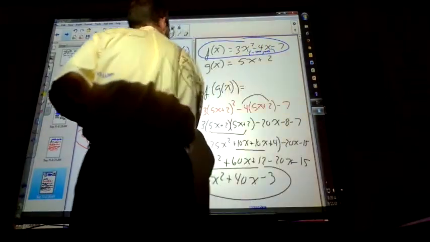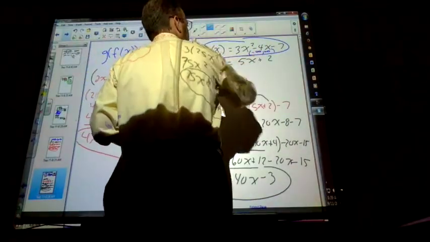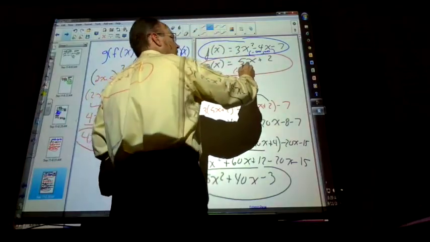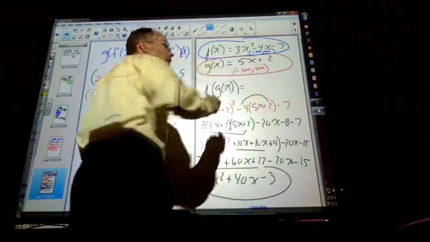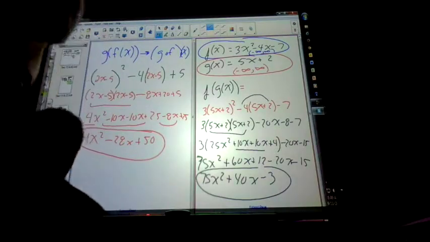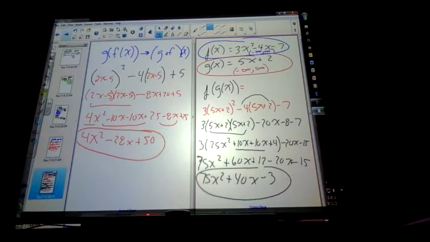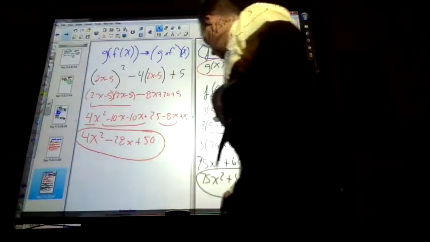What is the domain of this one? Negative and positive infinity. As you look at that right now, does there seem to be any restrictions on the domains of the two going into the... Any restrictions on any of the domains? No? What do you think the domain of this is going to be then?